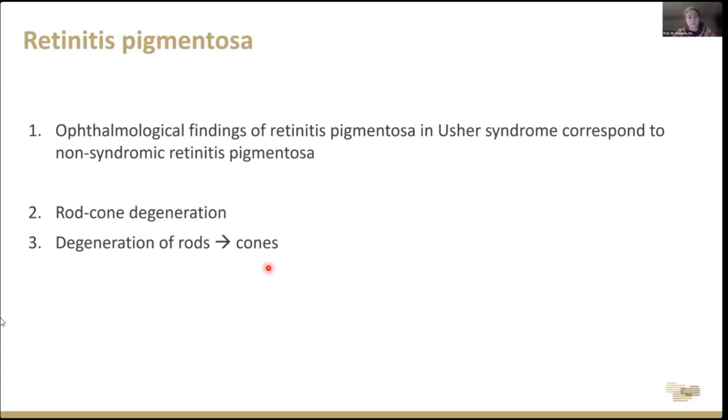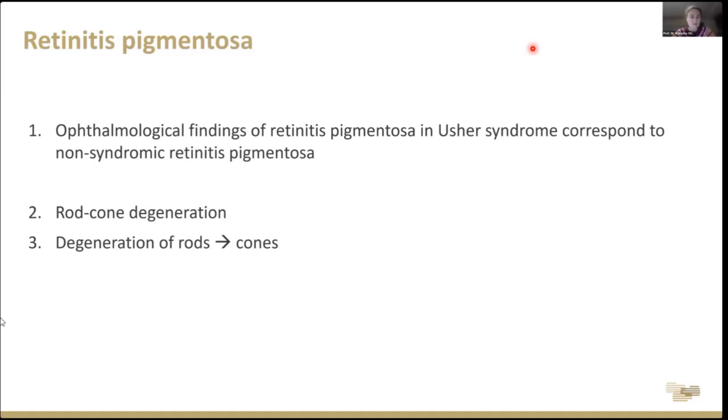According to what you know about retinitis pigmentosa, probably it's the classical retinitis pigmentosa that we can expect in the Usher syndromes. The ophthalmological findings, if we don't have the genetic report, are basically not distinguishable from non-syndromic retinitis pigmentosa, with all the variability that is given inside of the disease.